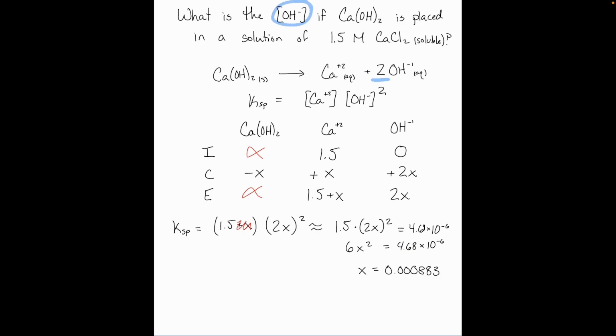Hydroxide concentration, which according to my ICE table is not X, but 2X, right? So in order to finish this off and actually solve for what's being asked for, I have to take X times 2. And so my concentration of hydroxide is 0.00177.